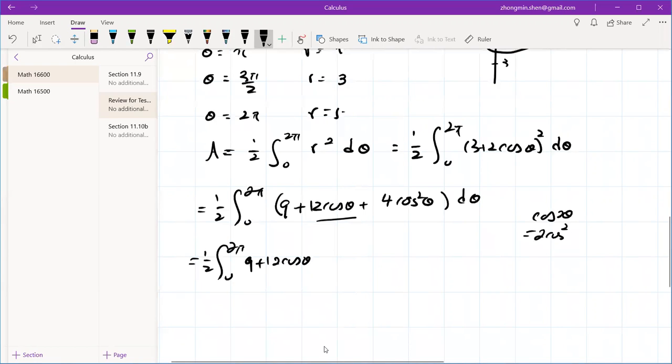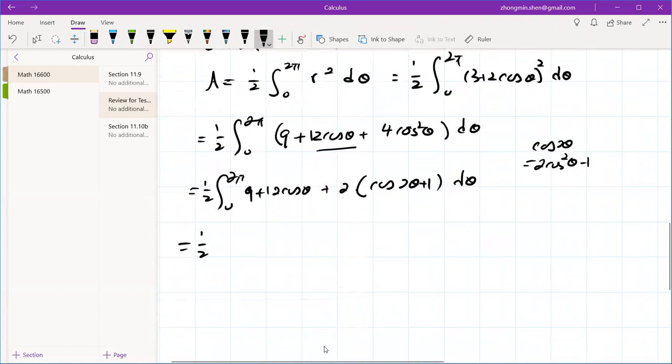So if you want cosine squared theta, it will be cosine 2 theta plus 1 divided by 2, and it cancels out the 2. Again, the antiderivative of 9 is 9 theta, and the cosine part is always 0, so the integral is 0, don't worry about that. And you get 2 plus 9, it's 11 actually, just 11 theta.